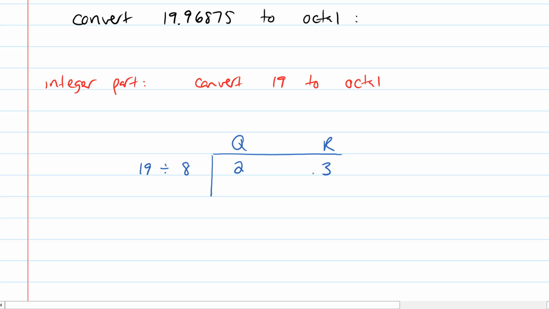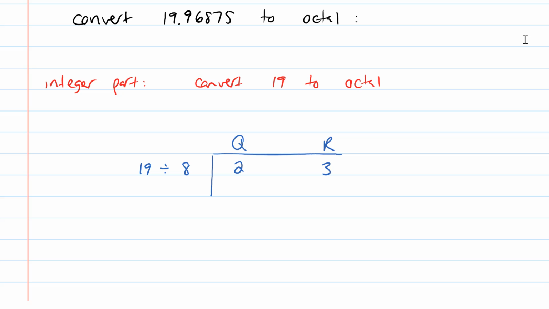Now, if you're doing this on a calculator, the way you can do it is you take 19 and divide it by 8. 19 divided by 8 is 2.375. So take the 2 and write it in the Q column, and take the 0.375, multiply it back by the 8, and put the result, which is 3, in the remainder column.